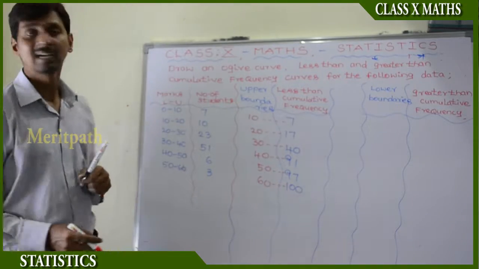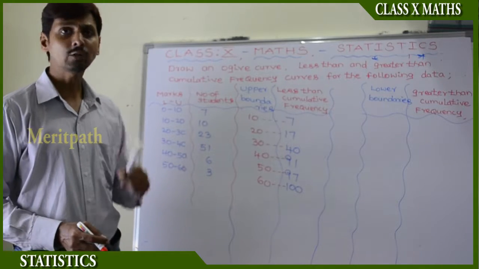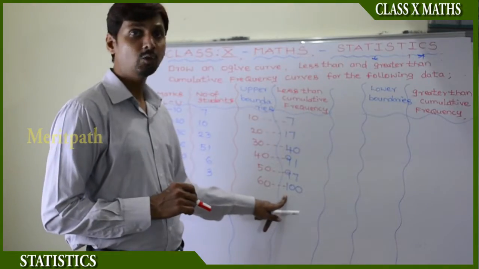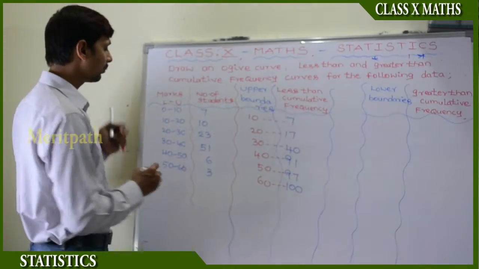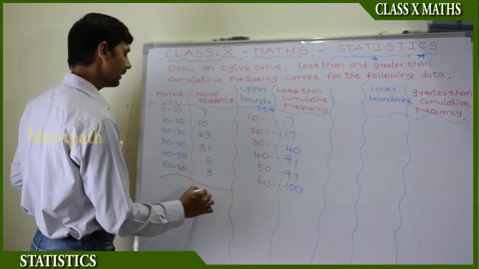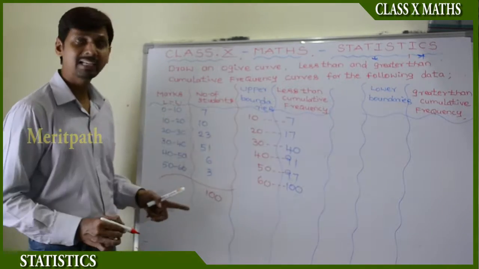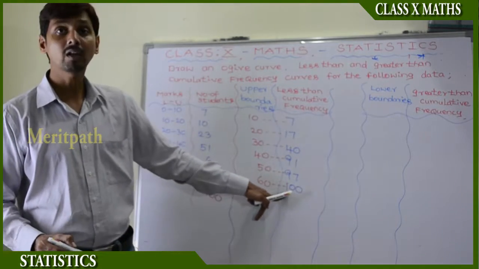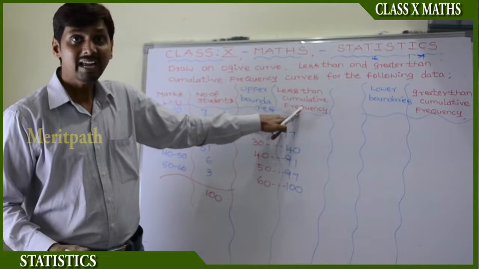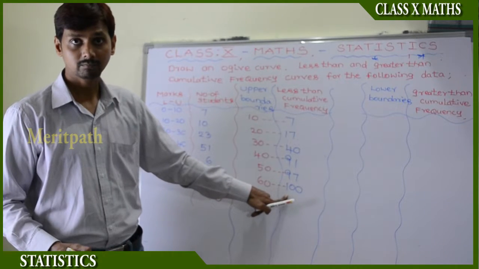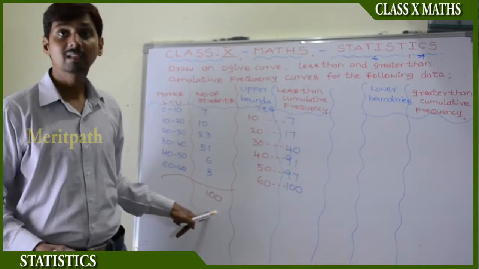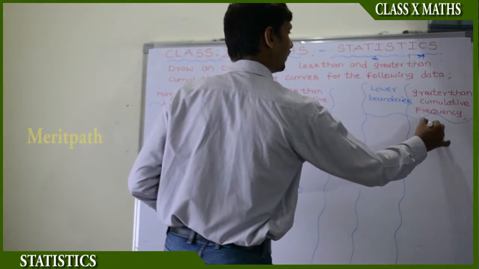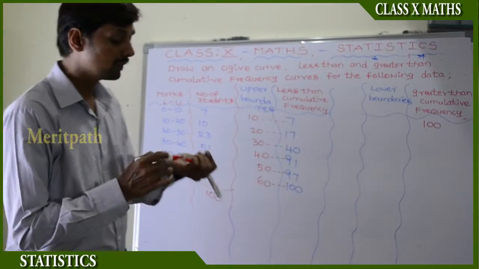Now we need to get the greater than cumulative frequency. To find it, let's take the highest value we got after adding all the frequencies, which is 100, the same as the last less than cumulative frequency. So the total frequency, 100, is the first greater than cumulative frequency.